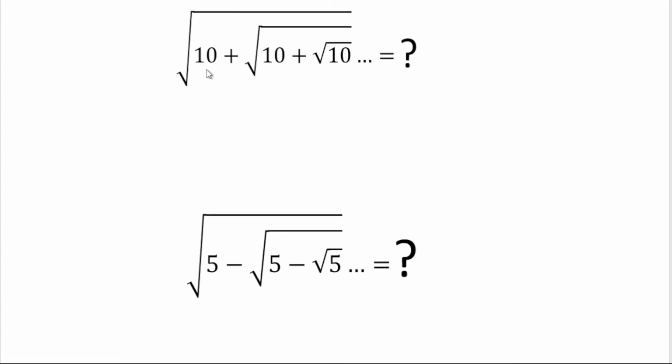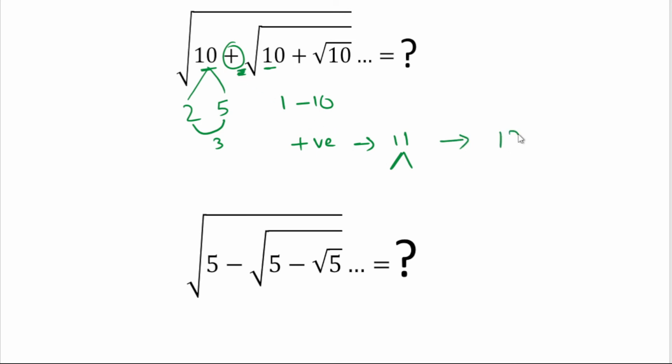So friends, now look, we have 10. How can we factor it? The factors of 10 are 2 and 5, and another is 1 and 10. So the difference is 3 and we do not have a 3 here. So for this type of question we move further if there is a positive sign. We have a positive sign, so we move forward, and the next number after 10 is 11, and we do not have any factorization of 11 except 1 and 11, so we move forward, and the next number is 12.